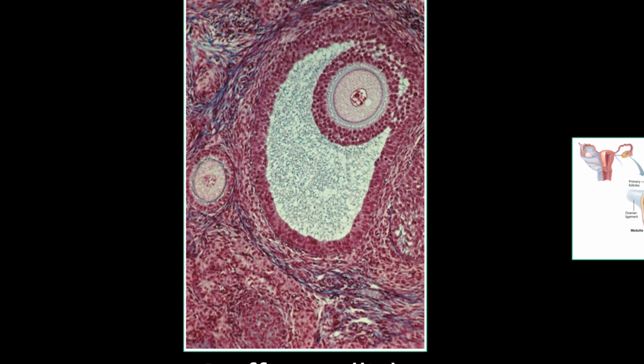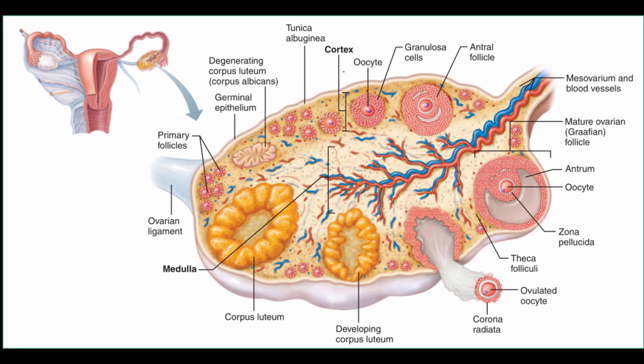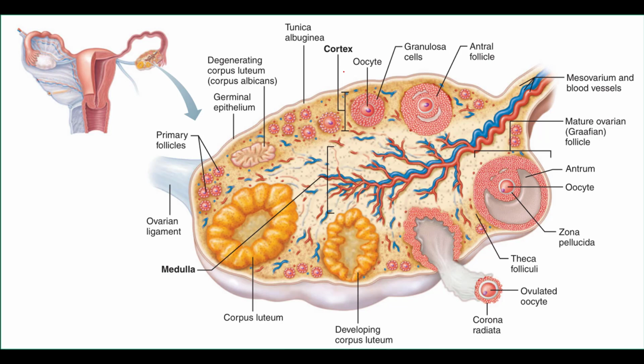This is the fluid filled space, and this must be the antrum, and here we have the secondary oocyte that has completed the meiosis 1. Now let us understand what we spoke with the help of a diagram.